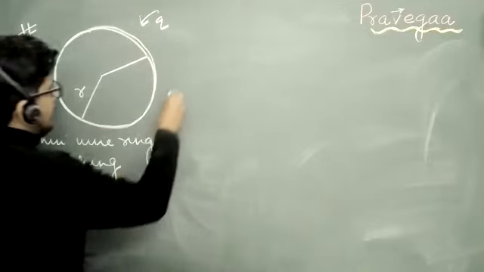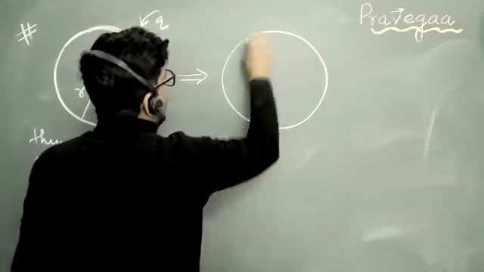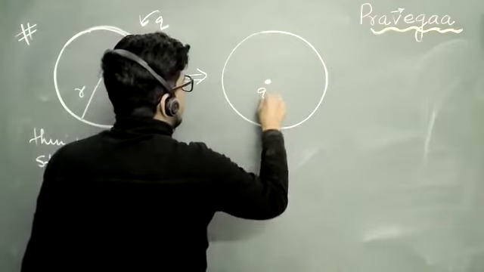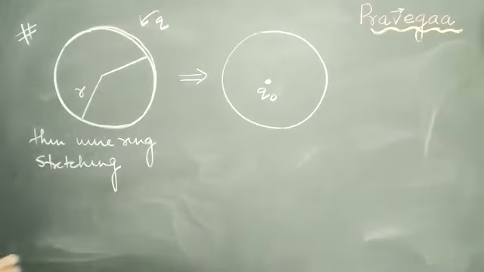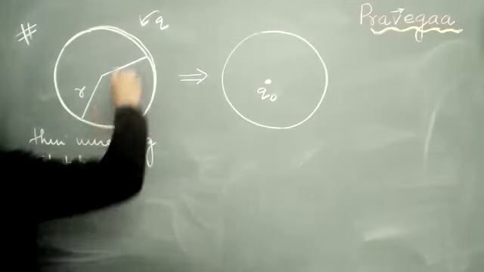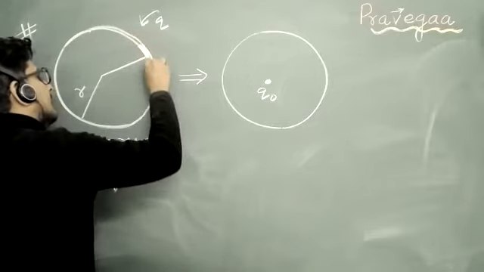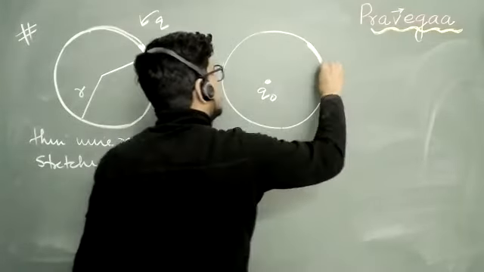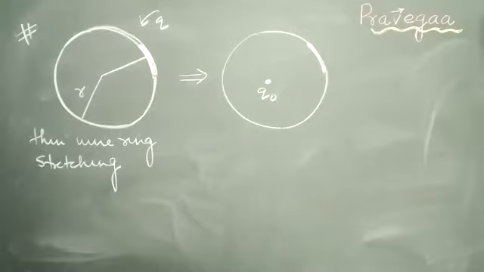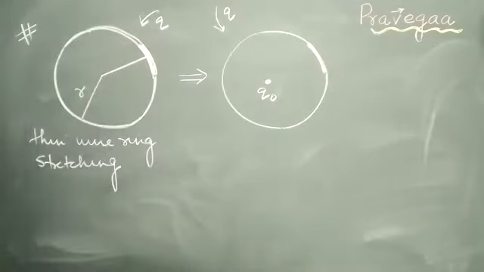Now in the second figure, I want to say that a Q naught charge is placed at the center, right? So whatever stretching was there on this section, it will increase. The stretching will increase here. Yes or no?